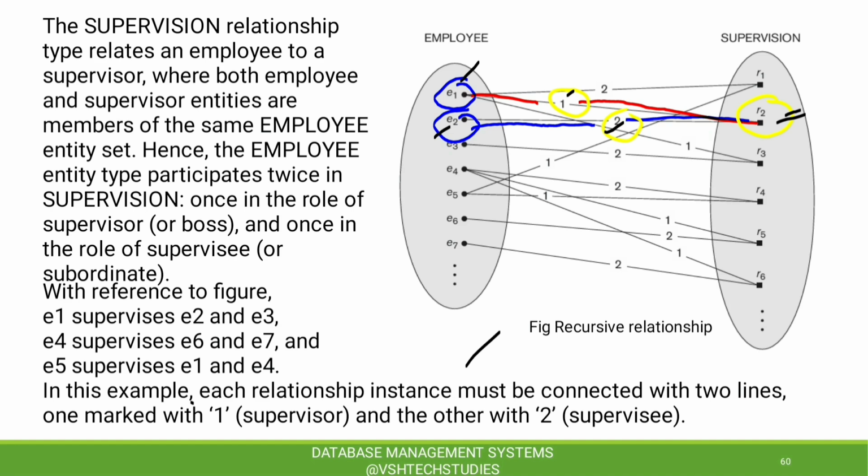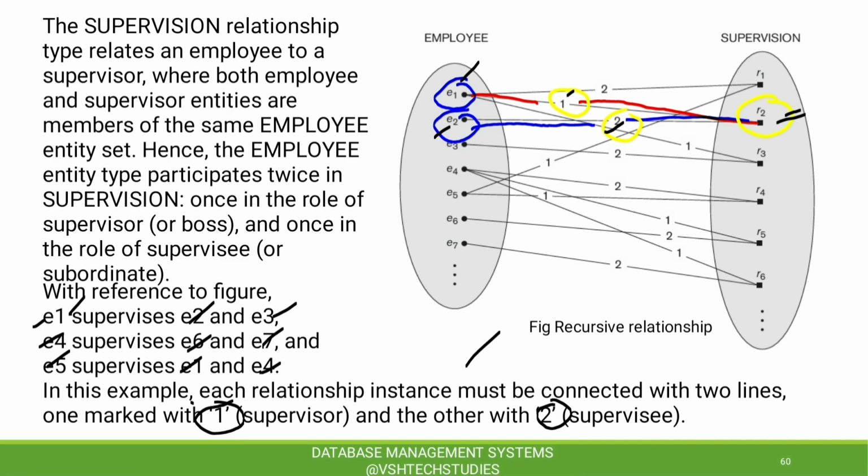Hence, E1 supervises E2. Similarly, we can verify that E1 supervises E3, E4 supervises E6 and E7, E5 supervises E1 and E4. So here line 1 indicates supervisor role, 2 indicates supervisee role.